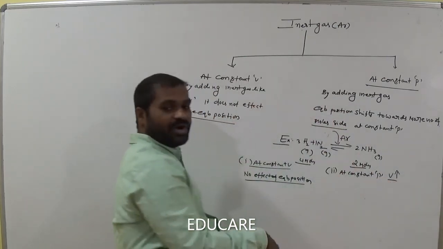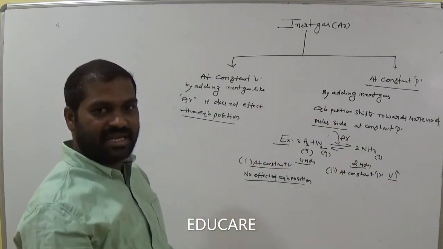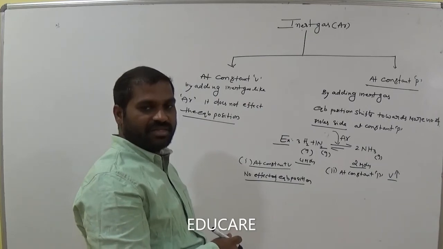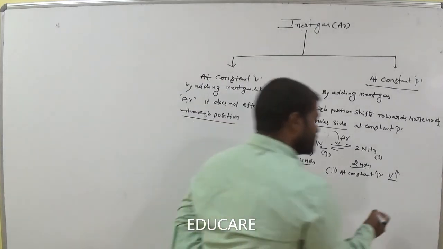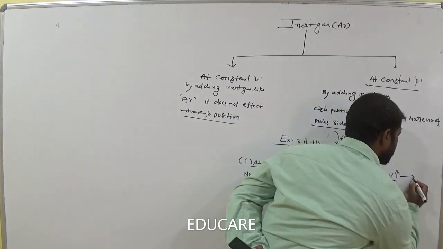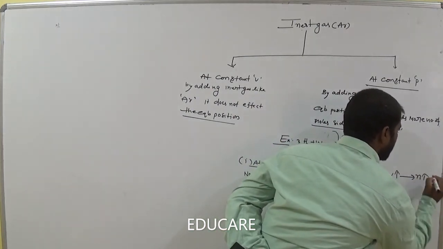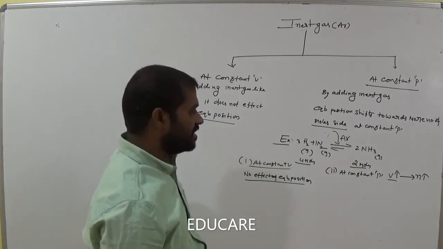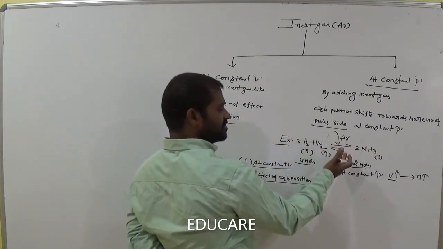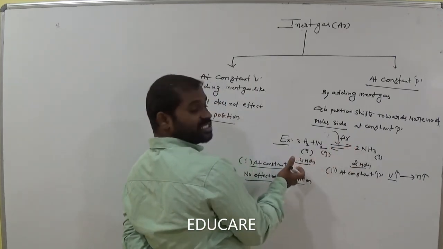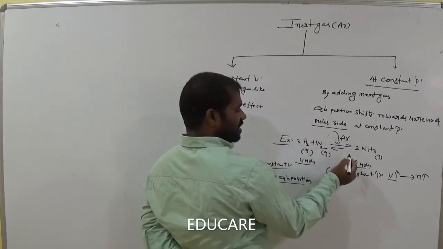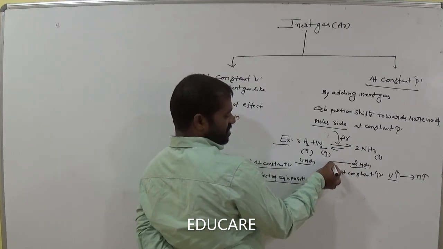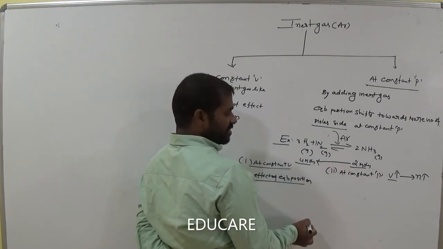By adding some quantity of inert gas to the mixture, volume increases. When volume increases, chemical equilibrium moves towards the more number of moles side. This side is 2 moles and this one is 4 moles. Which one is higher? 4 moles. That means the equilibrium position shifts backward.